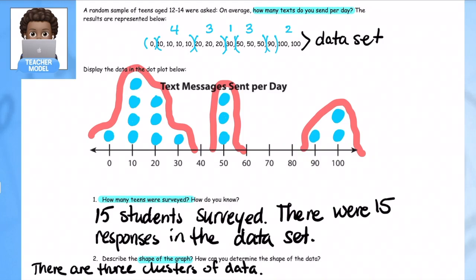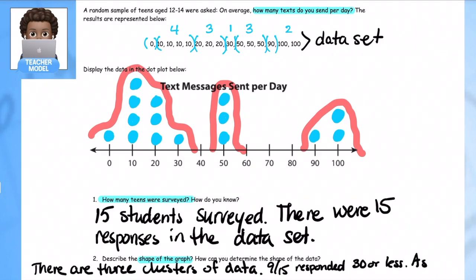Out of my 15, you can notice that most of my data is under 60 texts. Matter of fact, let's look at my first cluster here. It's 1, 2, 3, 4, 5, 6, 7, 8, 9. 9 out of 15 responded 30 or less.